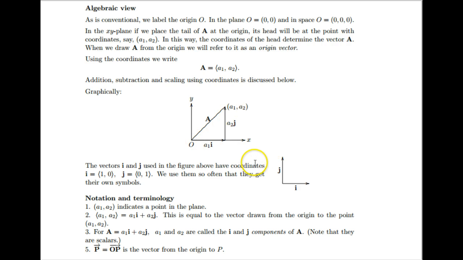Okay, and we can rewrite I as the angle brackets 1 comma 0 and J as angle brackets 0 comma 1. And actually, since we know A really doesn't need to be right at the origin, any vector A is going to work this way, right?